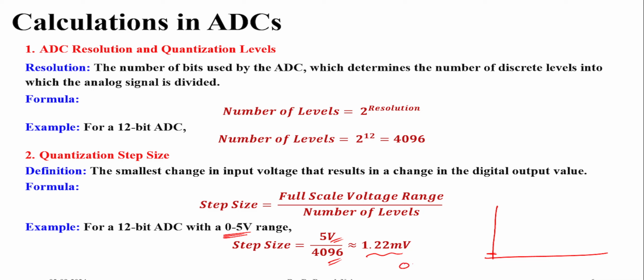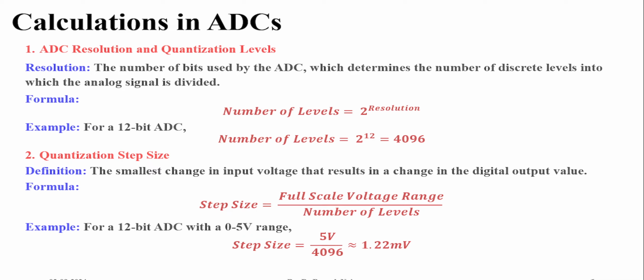So a 12-bit ADC will have 000000000000, which is the 0 representation, and the next level will be 000000000001, and this binary value represents 1.22 millivolt if we have the full range between 0 to 5 volt. So this is the quantization step size.